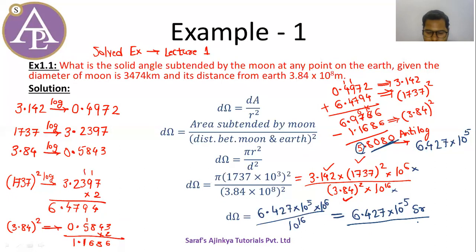So this will be 1737 multiplied by 1737 multiplied by 3.142 divided by 3.84 divided by 3.84. Right. So it is coming out to be 6428. I have written 6427. And, okay. So this is correct. So that is how you have to do the calculation.